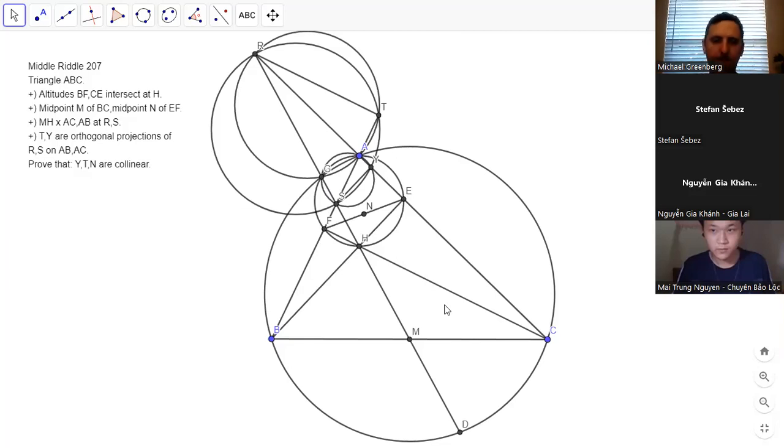Alternatively, without spiral similarities, we can do power ratio. Maybe that is a bit easier to state when you write the solution. So basically the ratio of the power of B with respect to these two circles is the same as the ratio of the power of C with respect to those two circles. And from there, we get that SF over FB is YE over EC. Is that kind of what you're thinking? Yeah, because GSY is similar to GFE is similar to GBC. So from there, we could get those ratios, right?